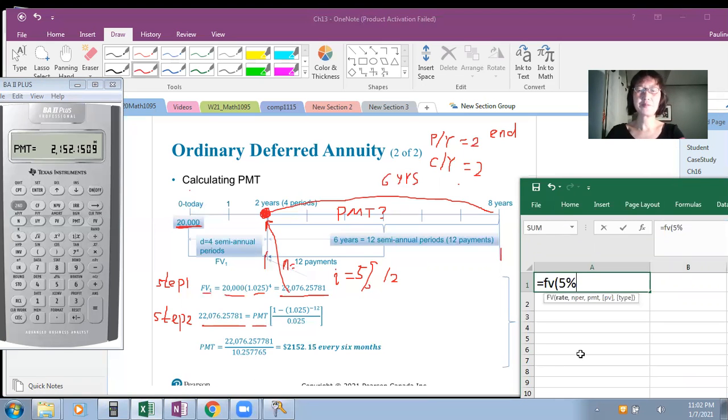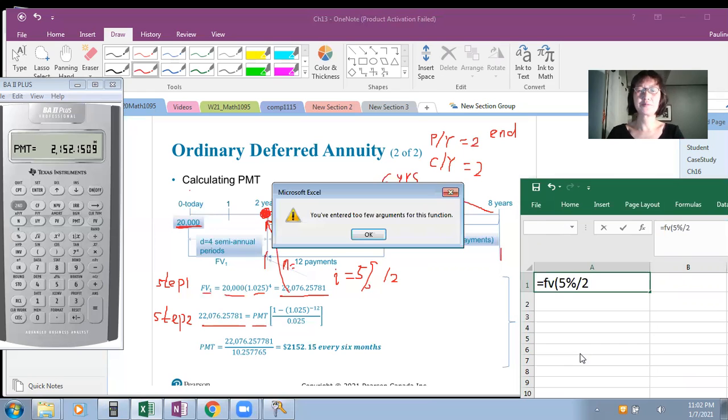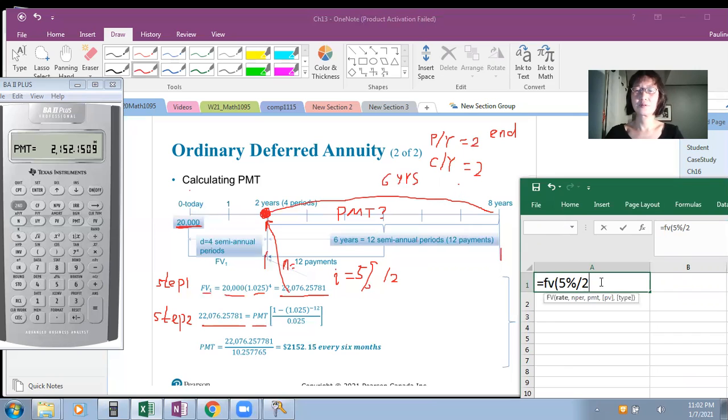Rate 5% divided by 2. NPER is 4. PMT 0. Present value 20,000. I type in negative because I want the result to be positive. Actually, it doesn't matter.